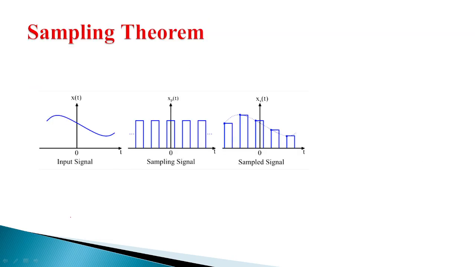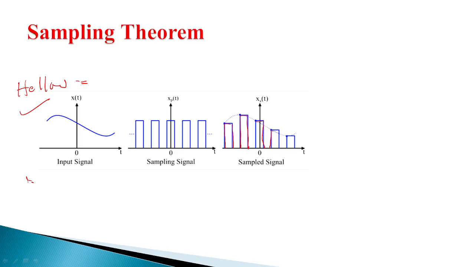Assume this is the message signal, and if you want to go for sampling, this is the sampling signal or carrier signal. After sampling you may get this, where the carrier is varied according to the message signal.